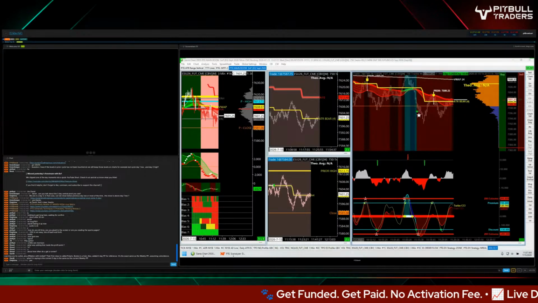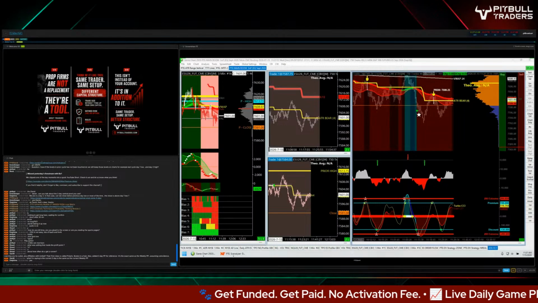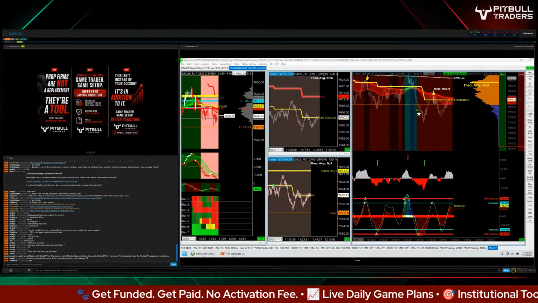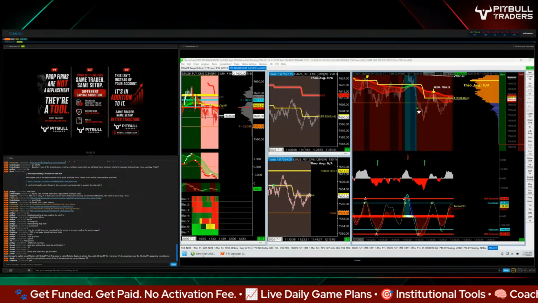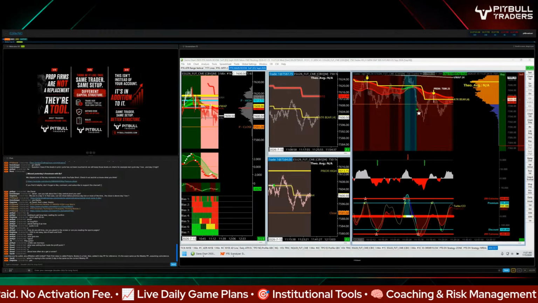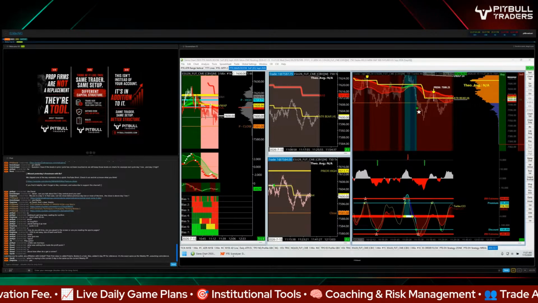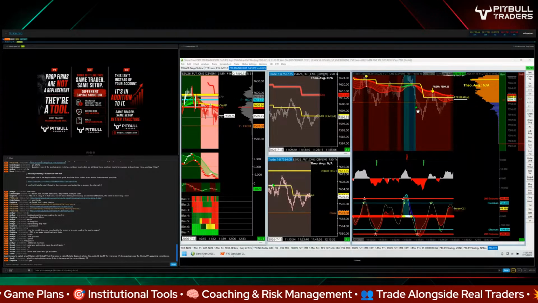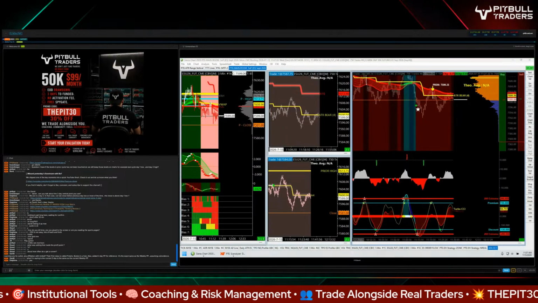That's unfortunate, but that's what I found in most of my experience over the years with people. But if you are willing to do the work, dig down, and be inquisitive and curious, you can really find out some interesting things about price action.